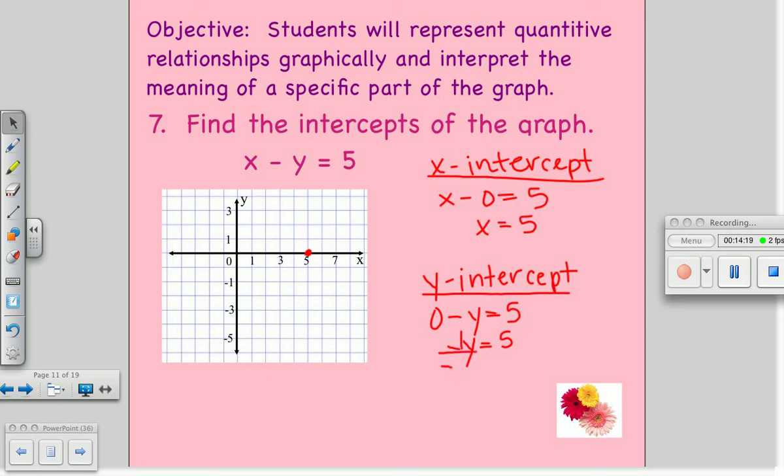So we have to divide by negative 1 on both sides. Negative 1 divided by negative 1 is positive 1, so now I've made that positive. But 5 divided by negative 1 is negative 5, so now I've made the 5 negative. So y is negative 5. So that one's going to go this way. And now this one's going to be a line going down.